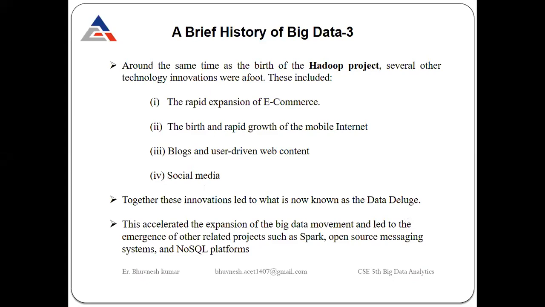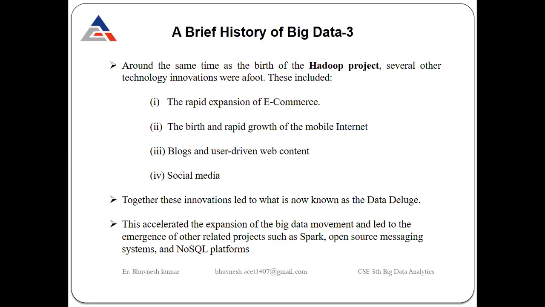Data deluge is when the amount of new data generated surpasses the limit. Data is being generated out of limit in a second, and it becomes difficult to manage and difficult for analysts to analyze.